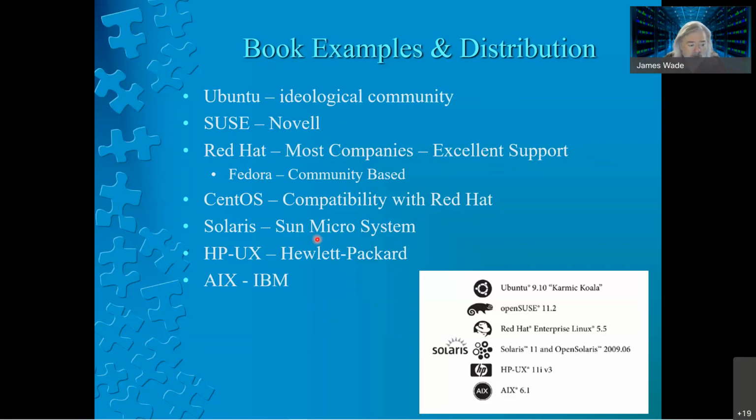Oracle bought them out, and they're still out there, but you may not see as many as it used to be. HPUX is from Hewlett Packard, and AIX is IBM. And you still see some in state organizations. Literally about 2 years ago, I was working for the state, and they had a ton of AIX.